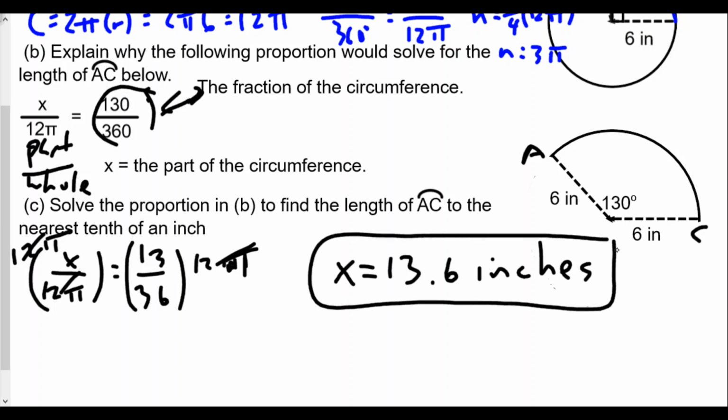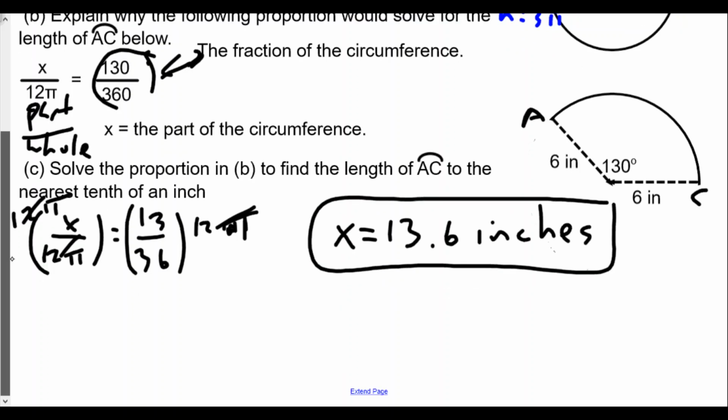And so in general, what we have in this case is a formula for arc length when it comes to degree measure.